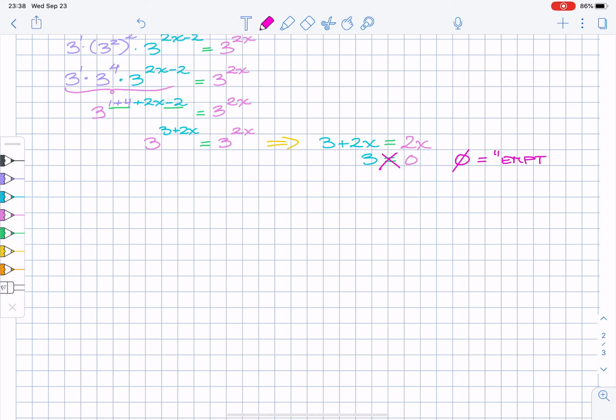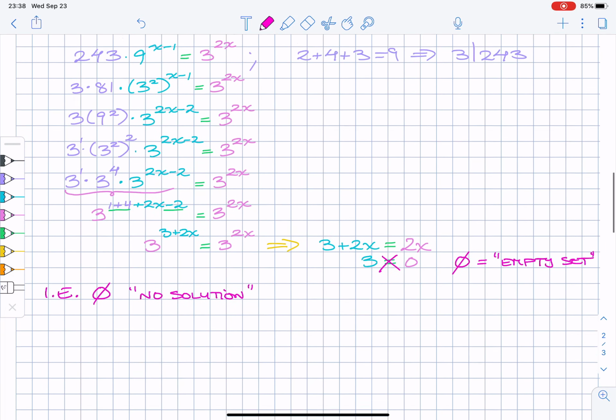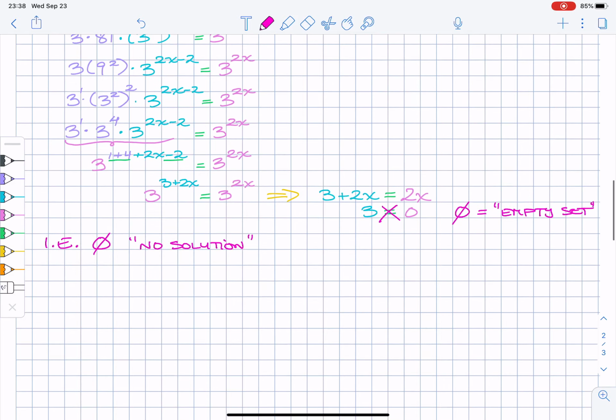That's why we never write 0 with a line through it, because this is a reserved symbol meaning empty set, i.e., id est. This represents the term in math, no solution, because the set of solutions is empty, hence empty set. So there's no value of x for which this is possible.